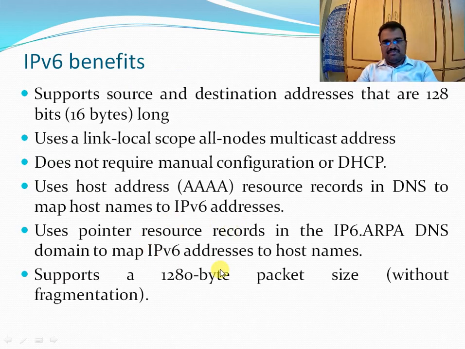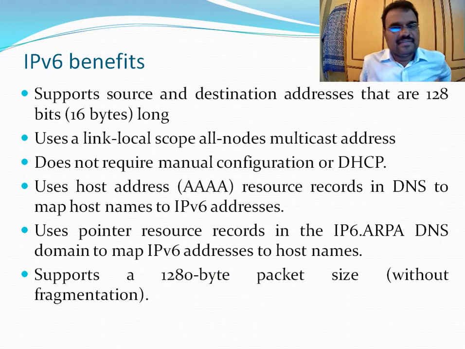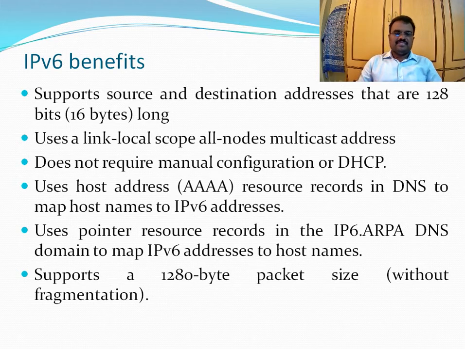So what are the benefits? If you see the IPv6 benefits, IPv6 supports source and destination addresses that are 128 bits, nothing but 16 bytes long. It uses a link-local scope all-nodes multicast address, and IPv6 does not require manual configuration of DHCP, whereas we are doing that in IPv4, DHCP, dynamic host configuration protocol.